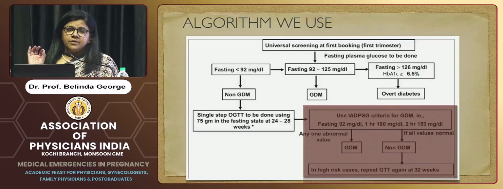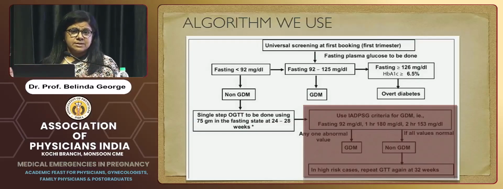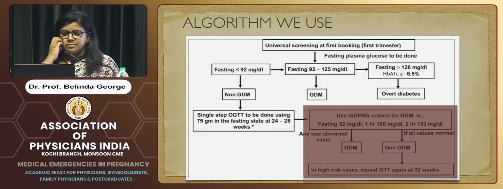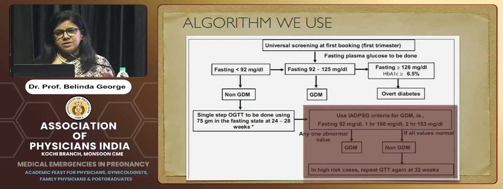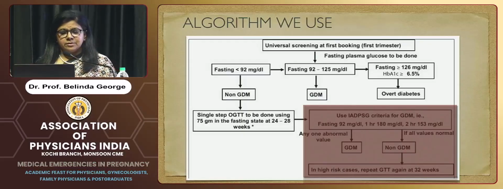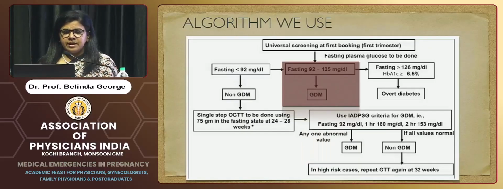If you have a patient who does not have diabetes at 24 to 28 weeks but has a lot of risk factors, had PCOS in the beginning, has acanthosis nigricans, has family history of diabetes, and maybe even previous gestational diabetes, you can re-screen this patient at, let's say, 30 or 32 weeks, just to be sure that you're not missing out on gestational diabetes.